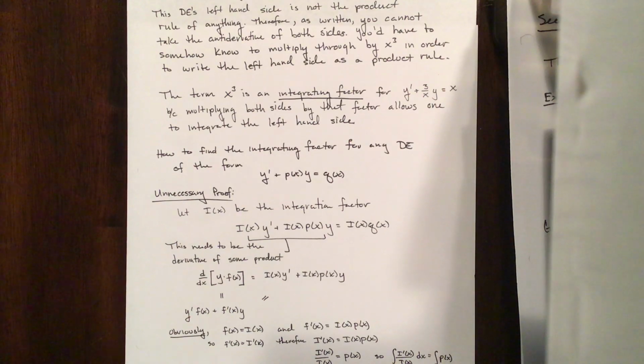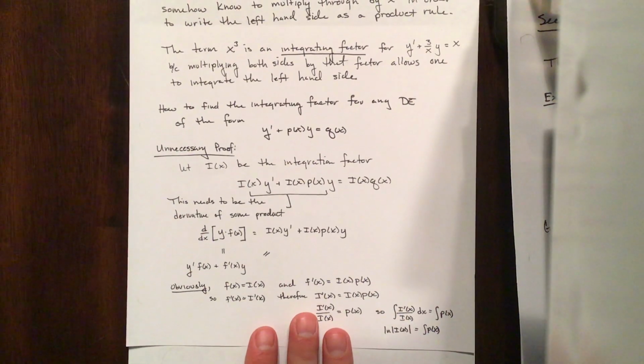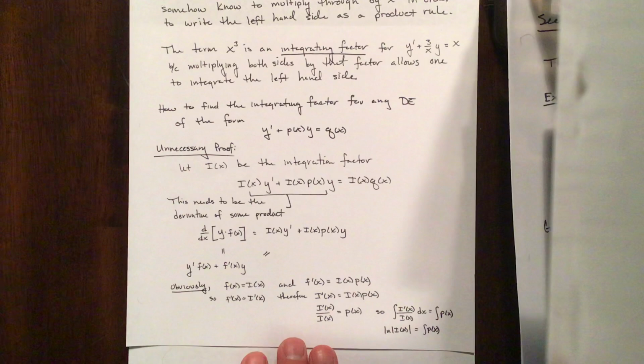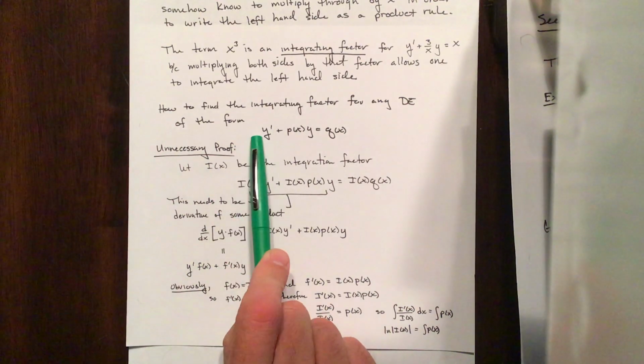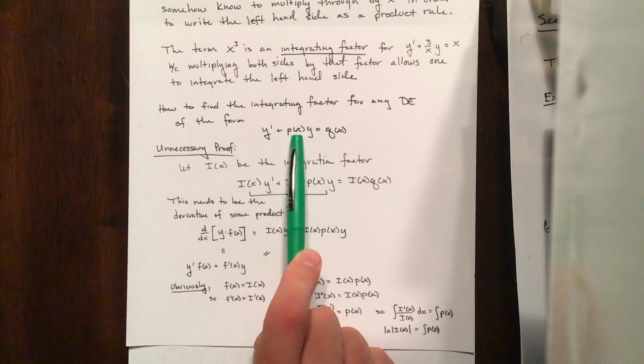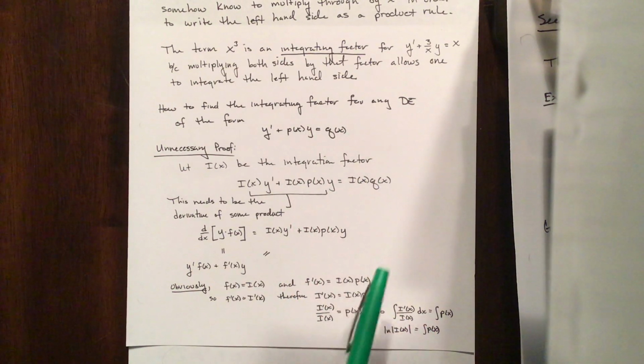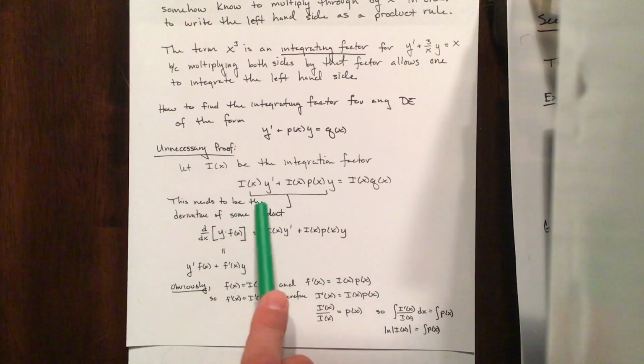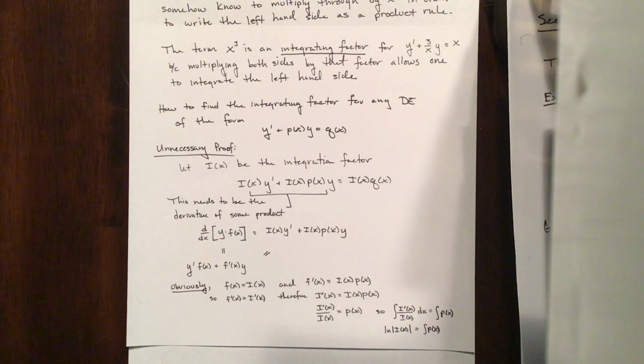So here we go. We multiply by this unknown factor that we're going to call I of x. So I multiply y prime by I of x, I multiply this by I of x, I multiply that by I of x, and I'm left with something like this. Now, for this all to work out, what's underlined here needs to be the derivative of some product.